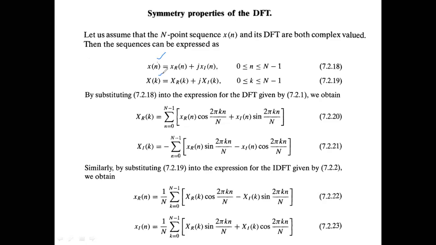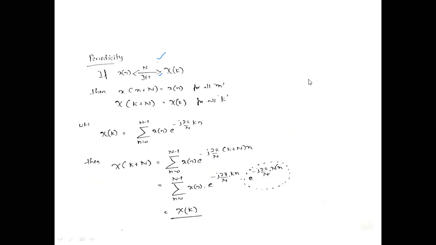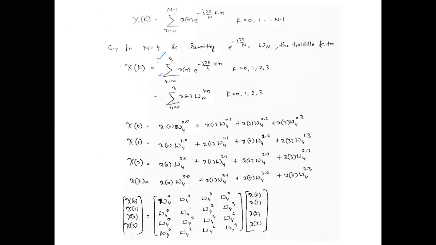What is the DFT expression? What is the expression for DFT? Let us see if I have the expression for DFT here. Wait a second. Yeah, here is the expression for my DFT.